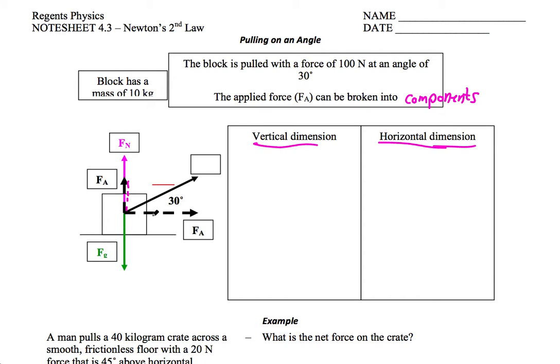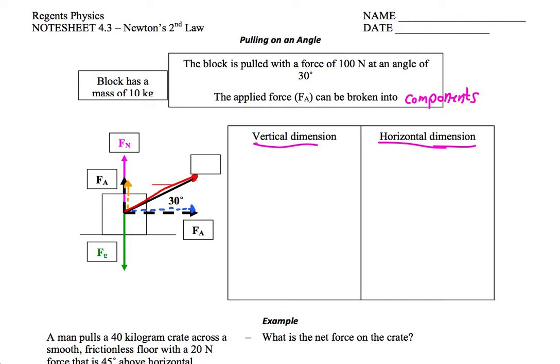If this red arrow is the applied force, then there's a vertical component, which is this black arrow, and I'm just going to draw it in here. There's also a horizontal component, which I'll highlight in blue.